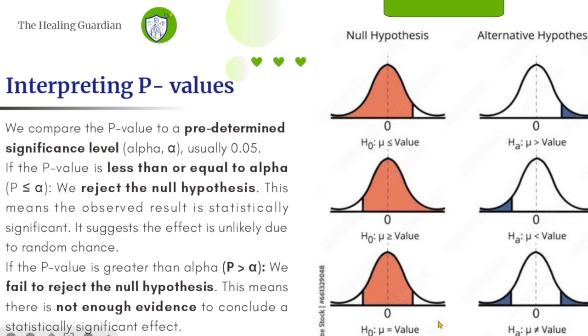From this illustration, if there is a certain hypothesis that says that the mean is equal to this value, then we want to prove that the mean is not equal to that value. So you have to first state them: H0 representing the null hypothesis, HA the alternative hypothesis. Then you start the calculation of the Z test and get the Z statistic.